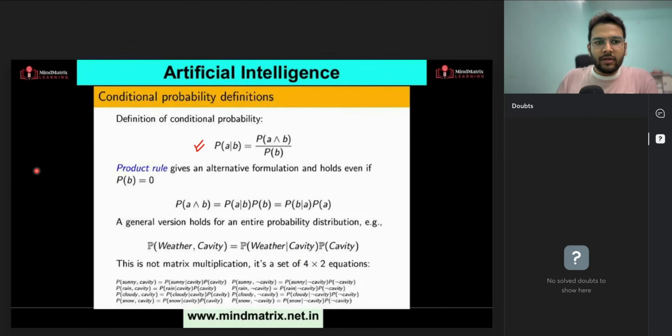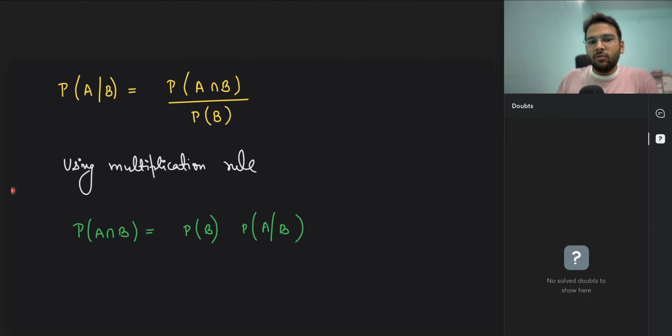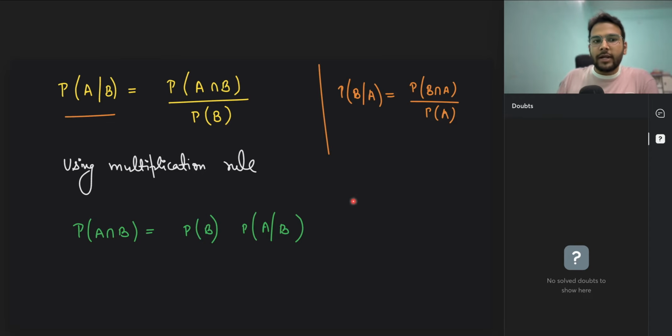And this is what is given here also. One more thing we can write. Carefully see this. We are basically going to discuss the Bayes theorem here in short. Now I can write like this also: probability of B given A is B intersection A divided by probability of A. Again, conditional probability, right?